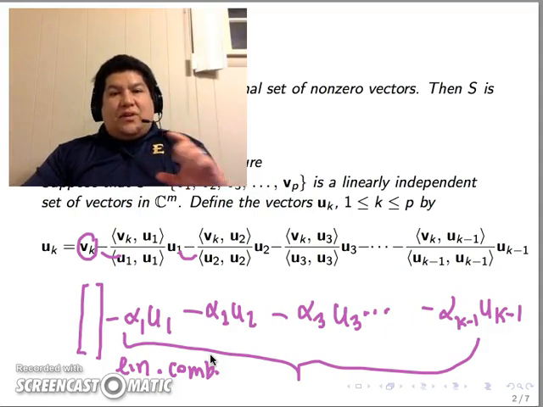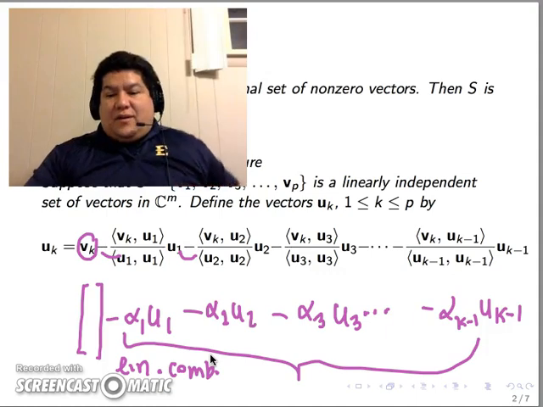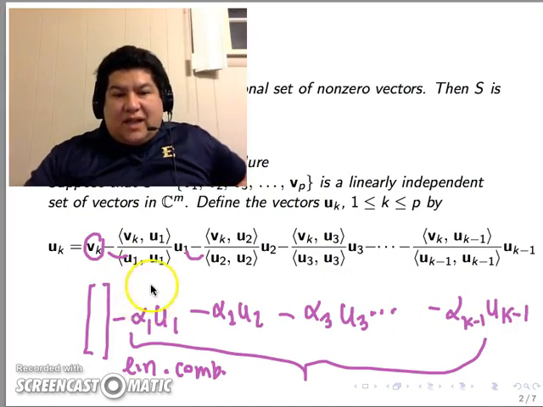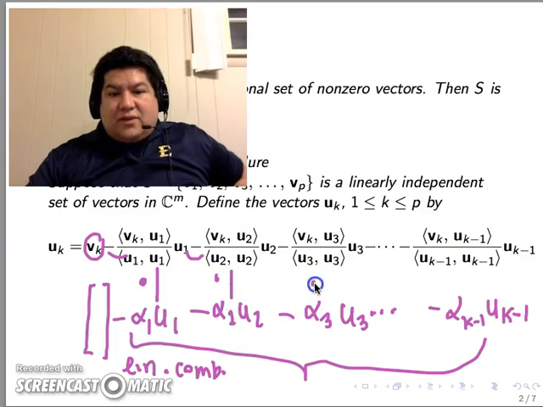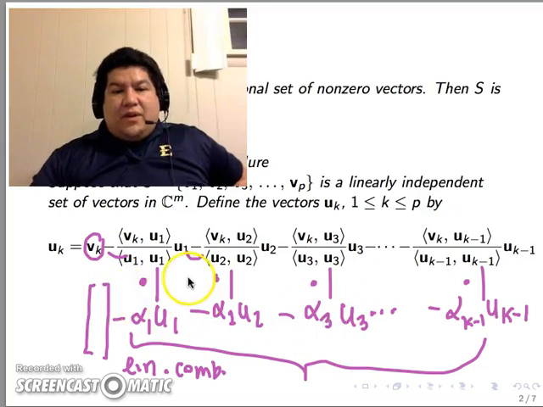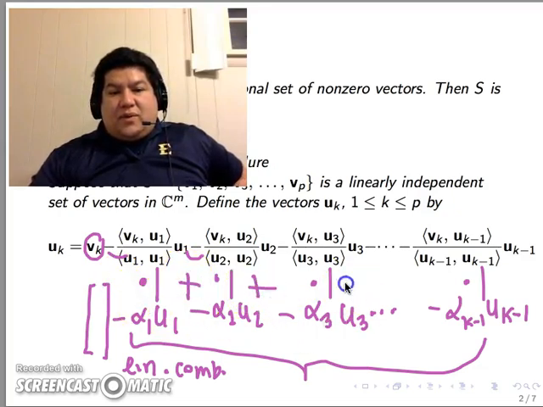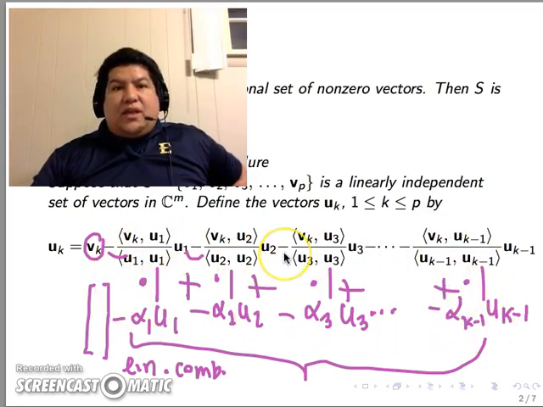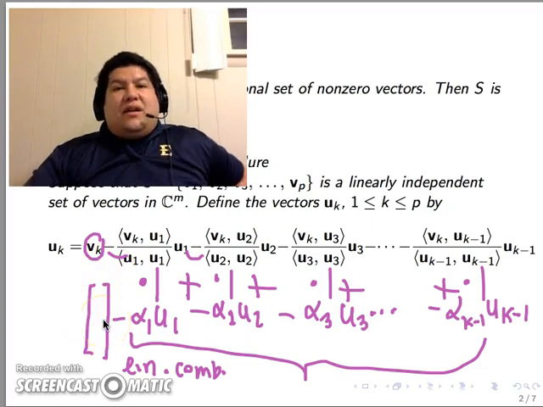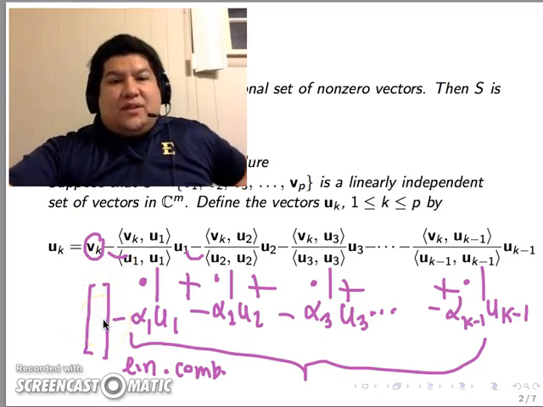Each of these alphas and u's is a scalar times a vector. So you are adding up scalar times vector, scalar times vector, all the way through. This whole thing is really a linear combination, which is added to a fixed vector denoted here as v sub k.